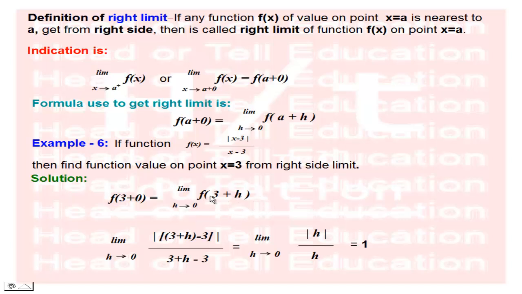Now put the value: the limit as h tends to 0 of modulus of 3 plus h minus 3 divided by 3 plus h minus 3. The 3 minus 3 gives 0, so we get modulus h upon h. Now h divided by h gives the result 1. So the right side limit of the function value is 1.